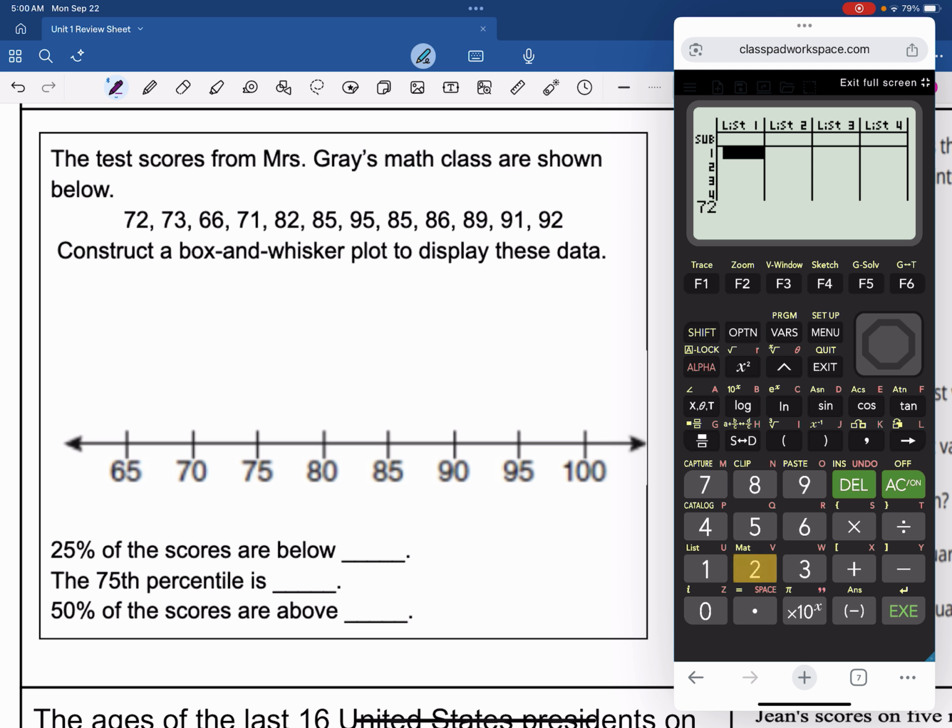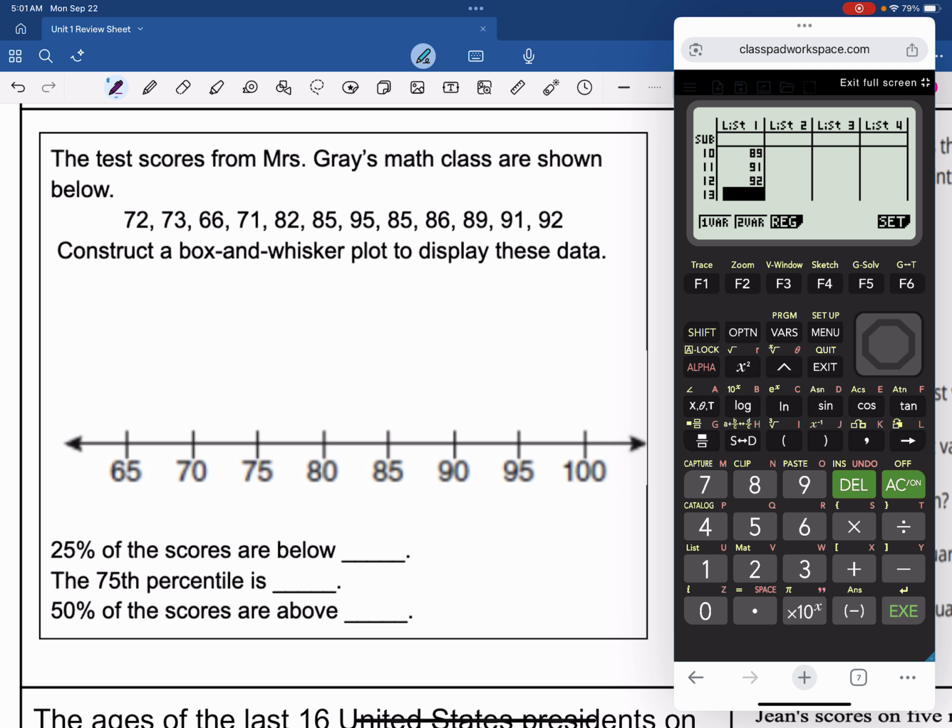So we have 72, 73, 66, 71, 82, 85, 95, 85 again, 86, 89, 91, and 92.